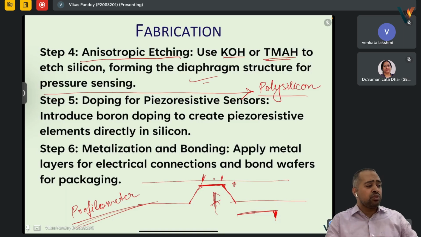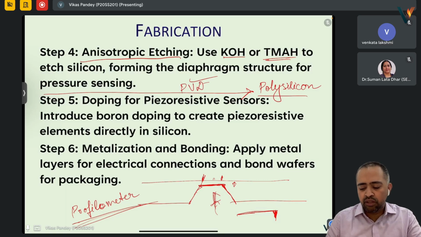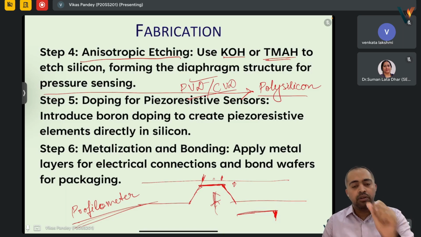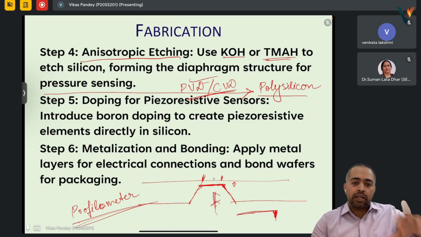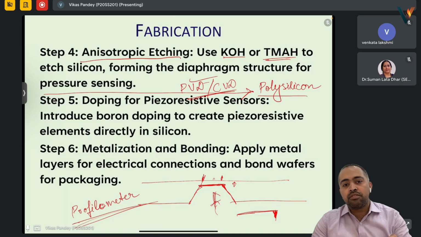So using methods like we discussed, PVD or CVD, we can go for deposition of polysilicon. Generally, CVD is used, that is better quality. And again, it will be patterned to make our resistors.